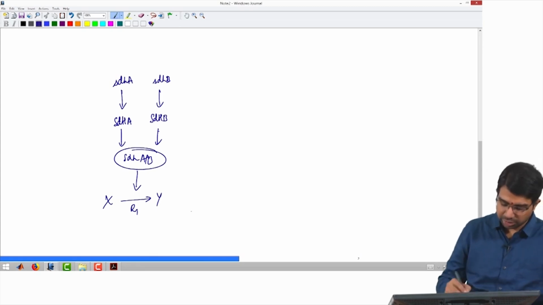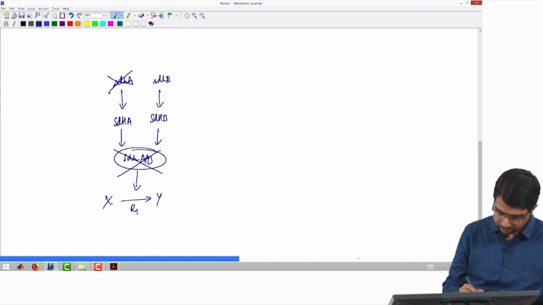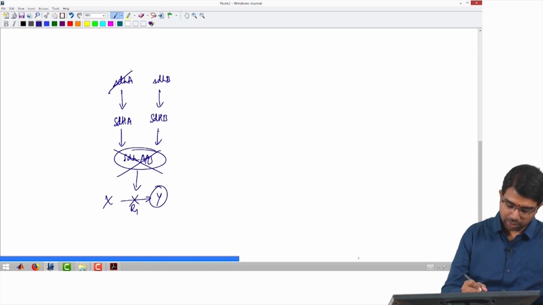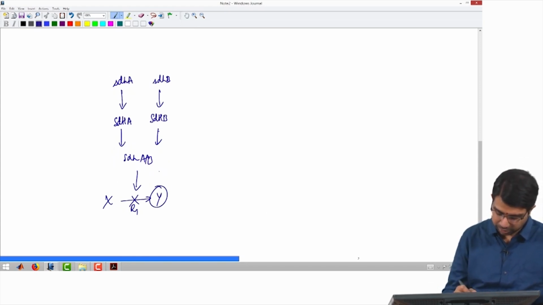So, this information has to be there, because this will let you know if I remove SDHA, then this complex will go out, which finally stops this reaction from happening, Y will no longer be produced, and if Y is important for the cell, it might die. But you do need this information.